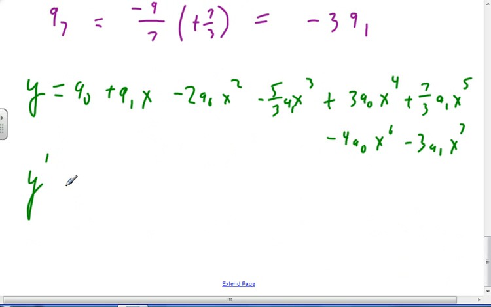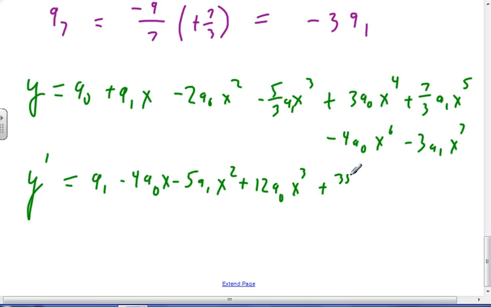Okay, so y prime, A1 minus 4A0 minus 5A1x plus, this is x, this is x squared, plus 12A0x cubed plus 35 over 3 A1x to the 4th minus 24A0x to the 5th minus 21A1x to the 6th.